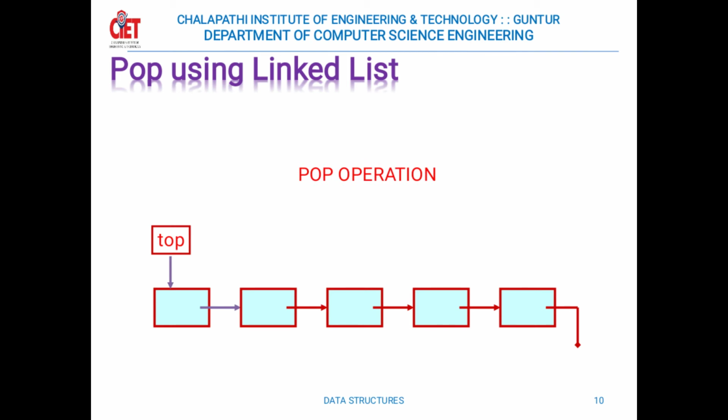Pop operation. Remove one element from the stack top. It means the stack top pointer is decremented by 1 and the top element is deallocated. So it is shown below like this.